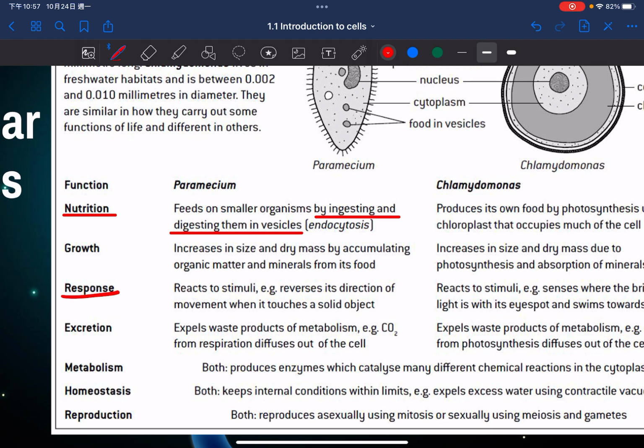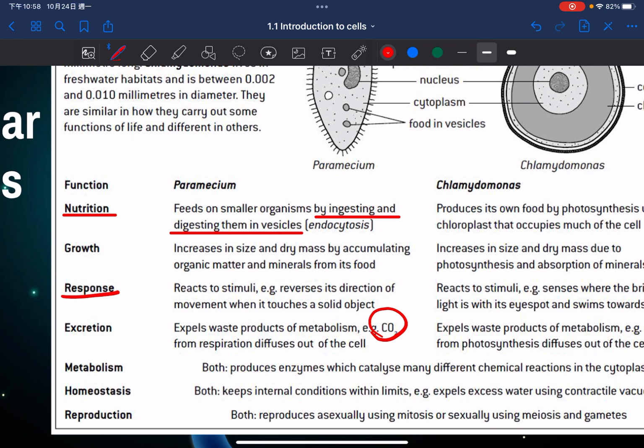And the fourth one is excretion. Excretion means once you are a cell, you always produce a lot of waste through metabolism, so you have to expel the waste products of metabolism. For example, carbon dioxide. When you do cellular respiration, you will produce water, carbon dioxide, and a lot of energy. Once you don't need them, you have to expel them.